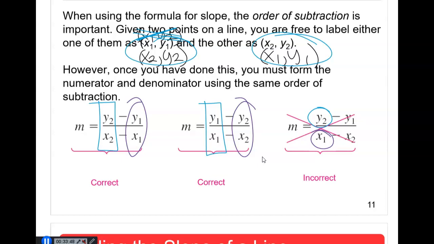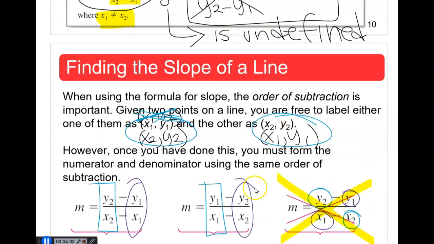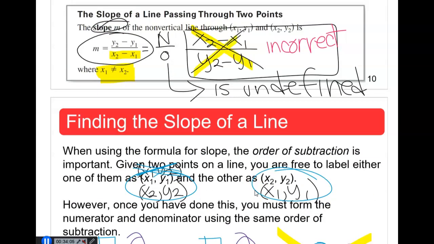And if you finish the subtraction here with y sub 1 and then finish here with x sub 2, this is completely wrong. So that is incorrect, and so is this one, incorrect. And this one is okay, as long as the x values are not equal.